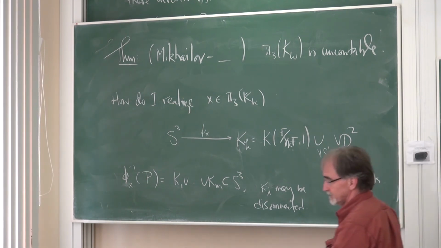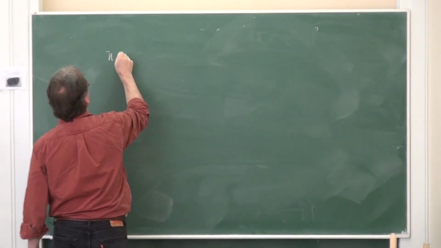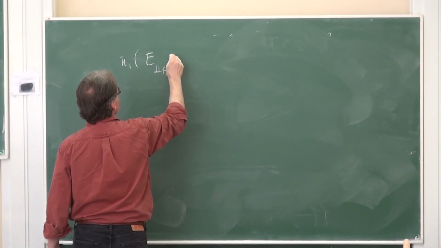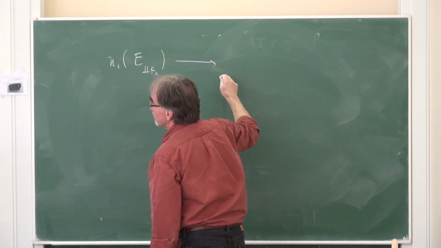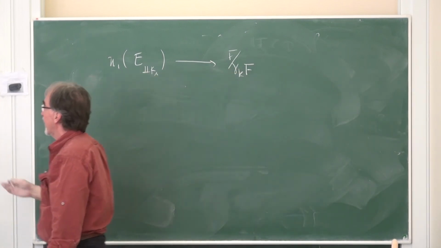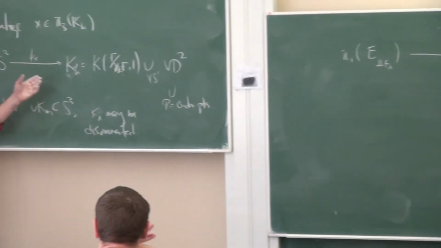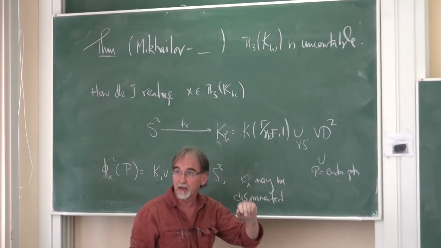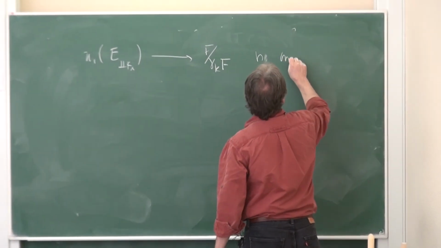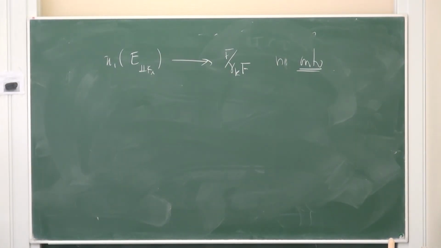If I take pi 1 of the exterior of these knots Ki, I have a map from that into F mod gamma k of F. I just remove the disks, and I remove a neighborhood of those knots, and I get a map from the exterior into this space. So the map on pi 1 is onto. Okay, so it's an exercise to check that.